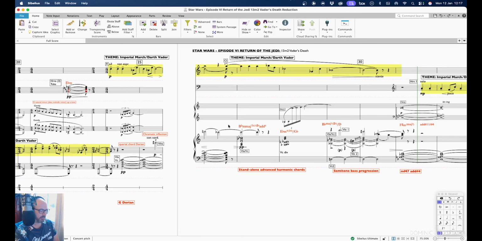Sort of E flat minor 9. And it looks as though it's going to resolve at that point, and it doesn't quite.